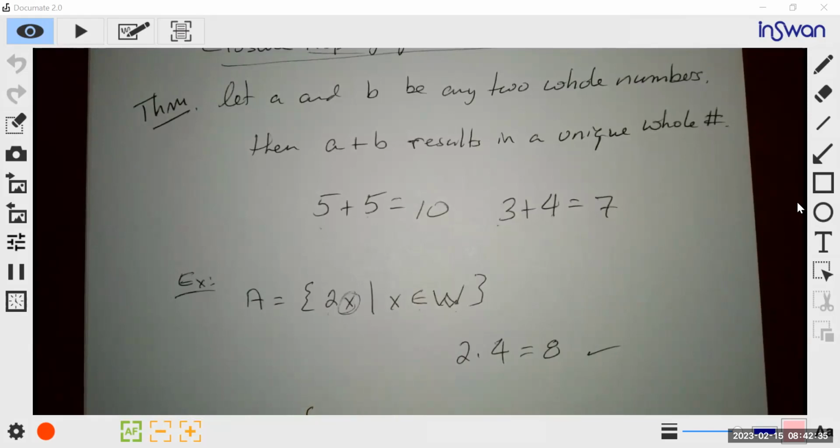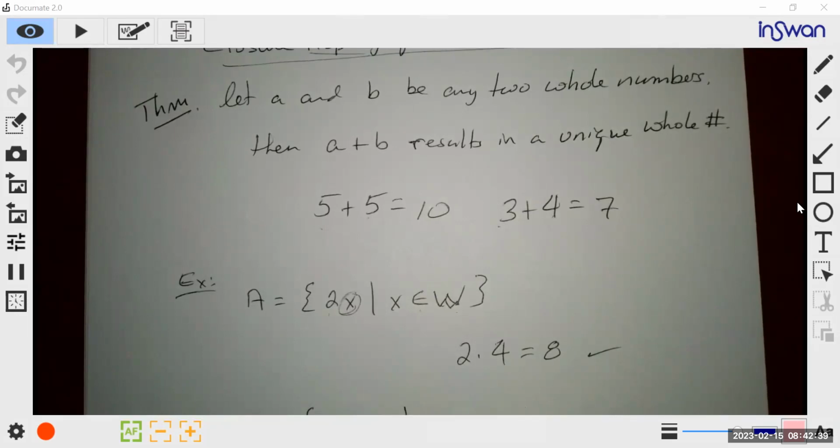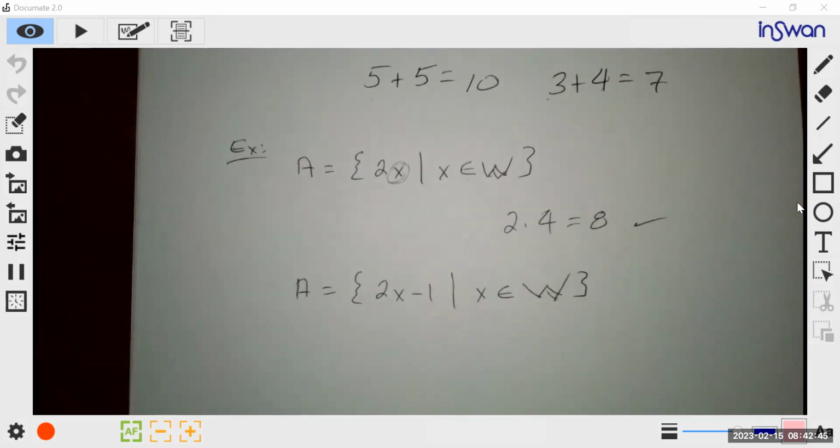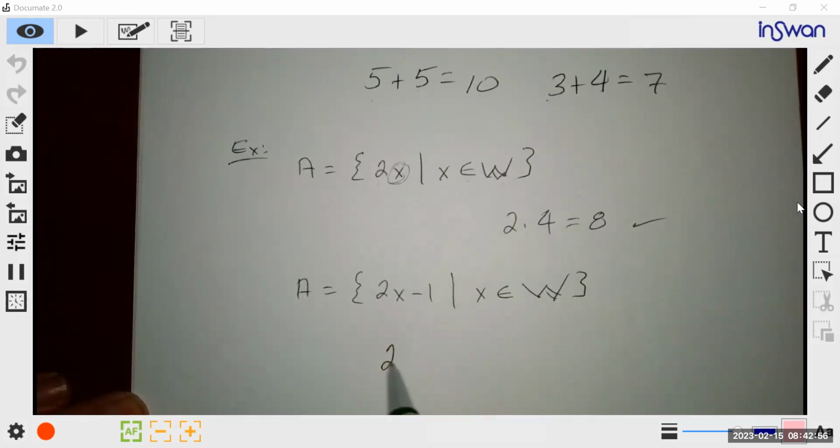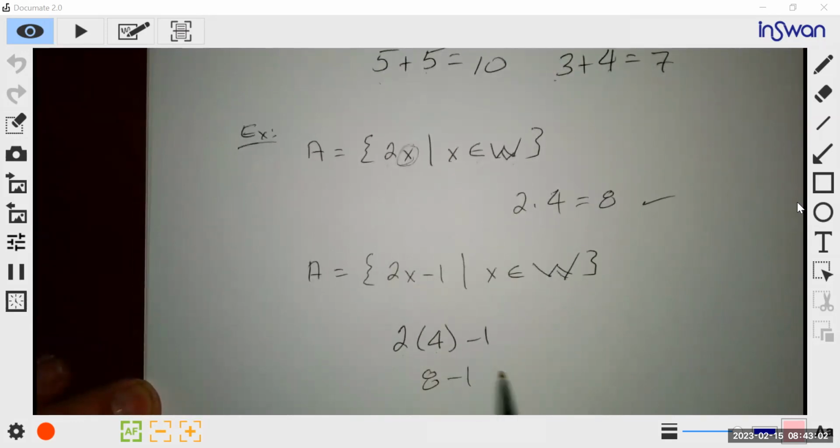How about if I do this? If I subtract 1, will it give me a whole number? Yeah. Pick a whole number, let's say 4. 2 times 4 is 8. 8 minus 1 is 7, and 7 is a whole number.